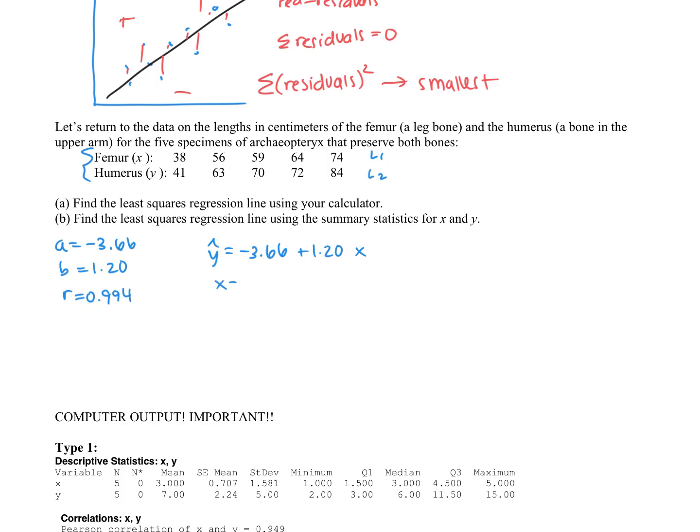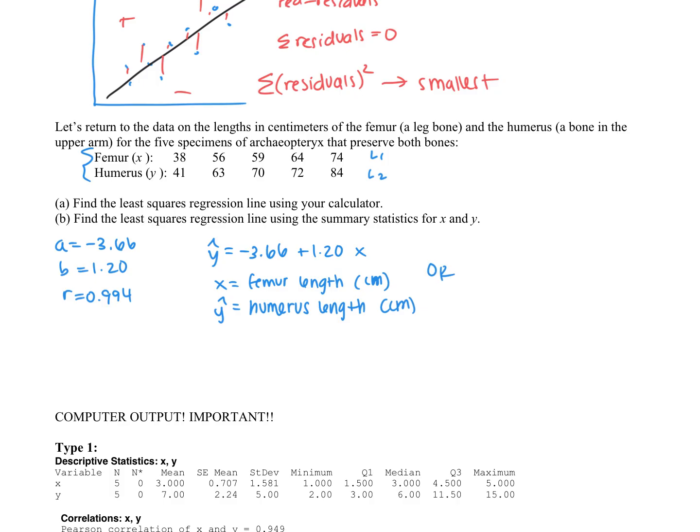You have to define x and y hat, even if they're given to you in the problem. So you would say x is femur length, put units, because we don't want to lose credit because we didn't put units, and y hat is the humerus length, also in centimeters.